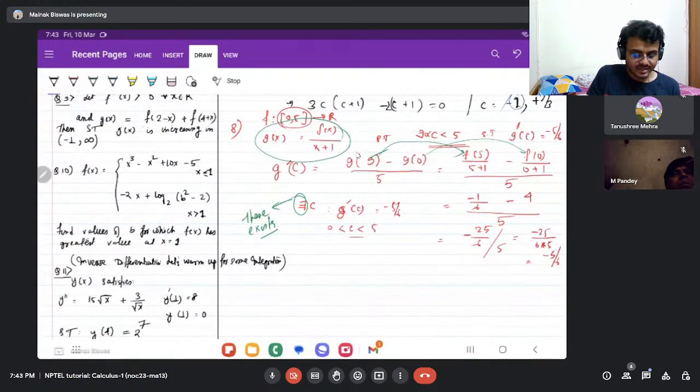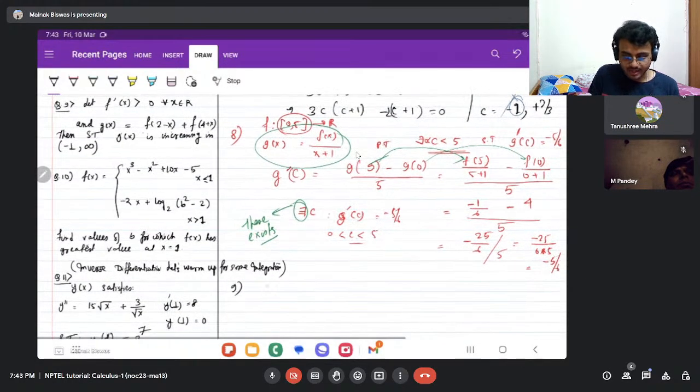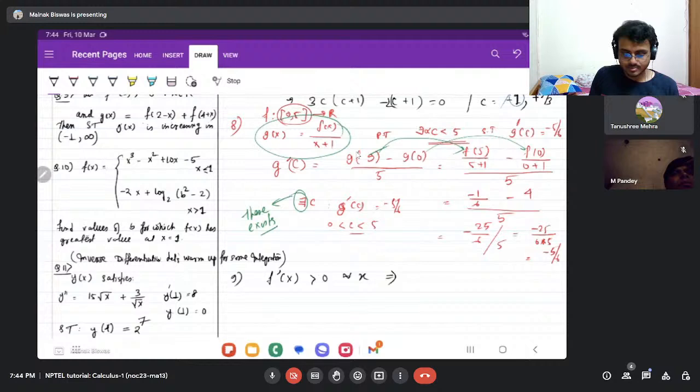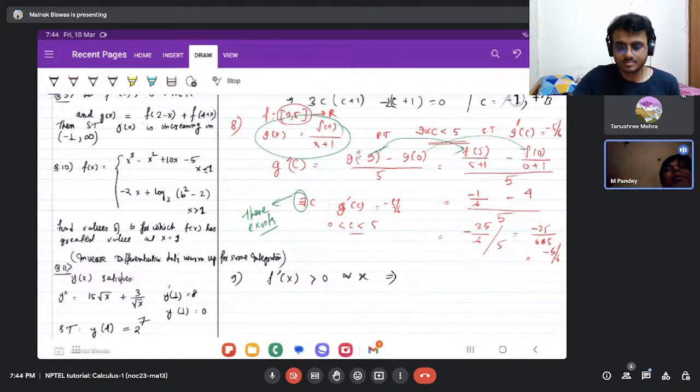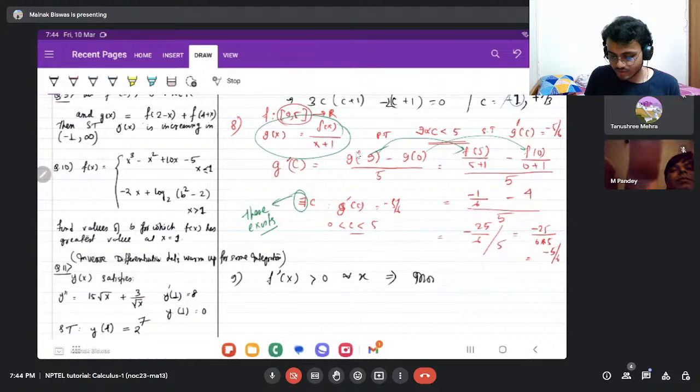Number 9 says that f dash of x is greater than 0 for all x. What does it mean? If this is given, instantly what should you understand? Monotonically increasing function.